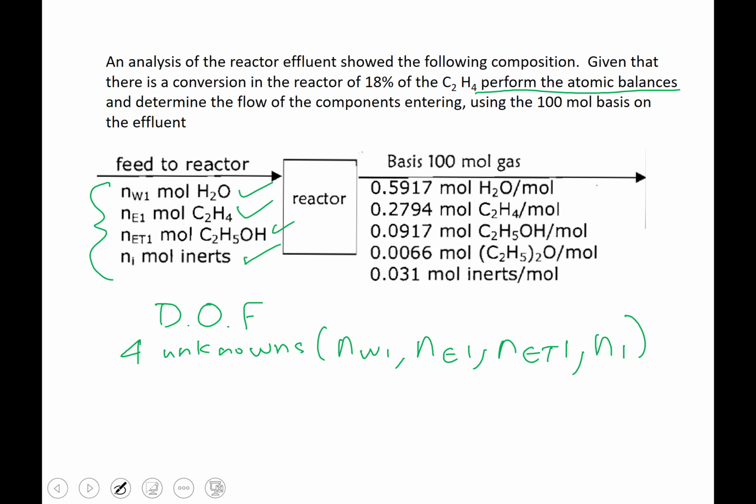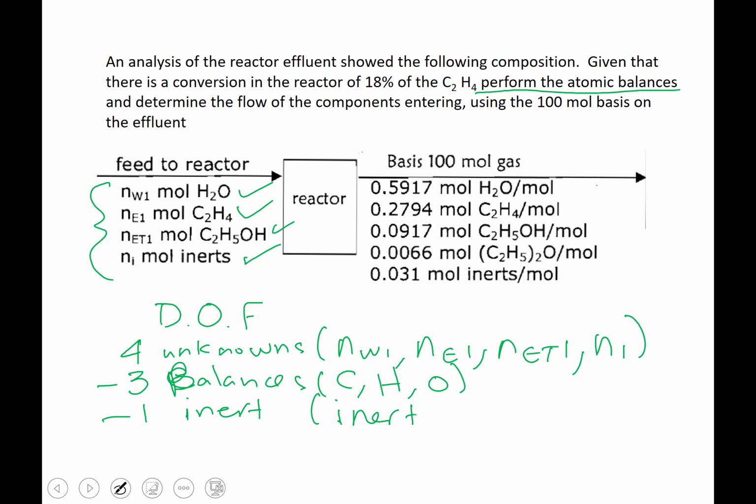Then, how many independent atomic species balances can we do? We can do 3. We have C, 3 balances, and these are going to be carbon, hydrogen, and oxygen. And we can do 1 inert balance, which is just inerts.